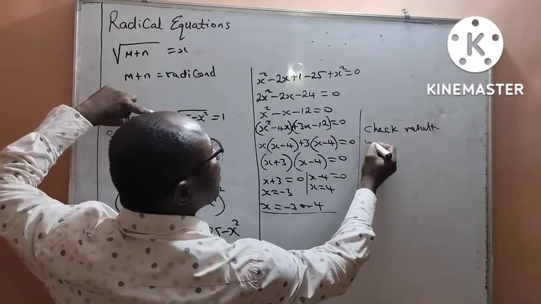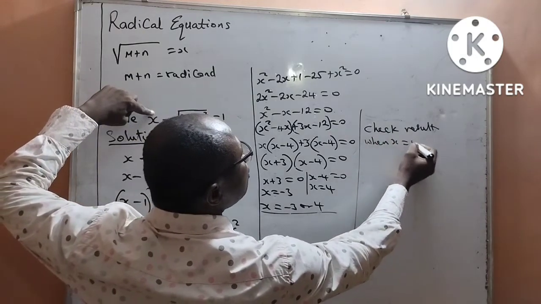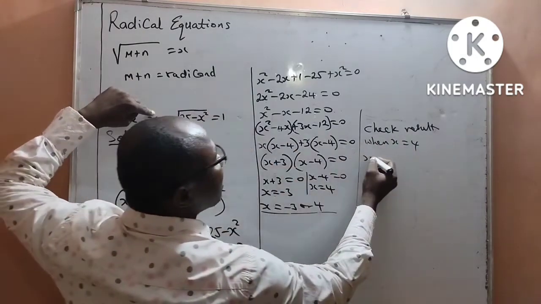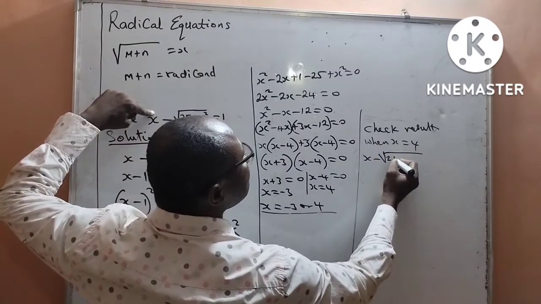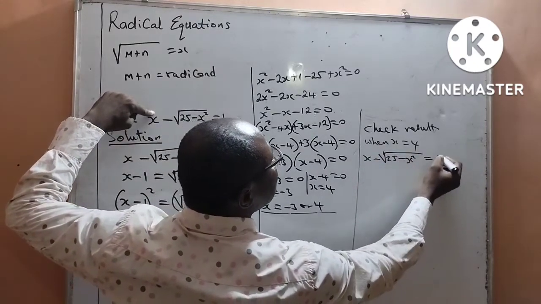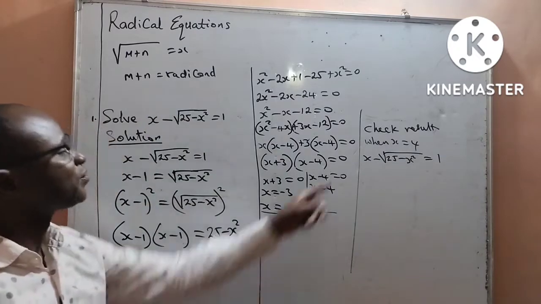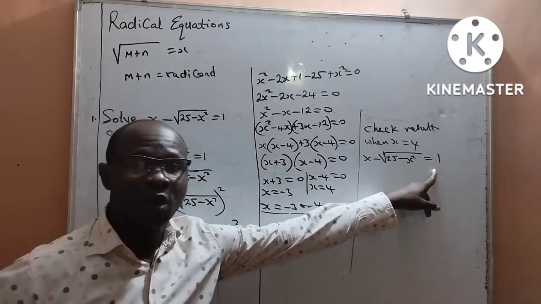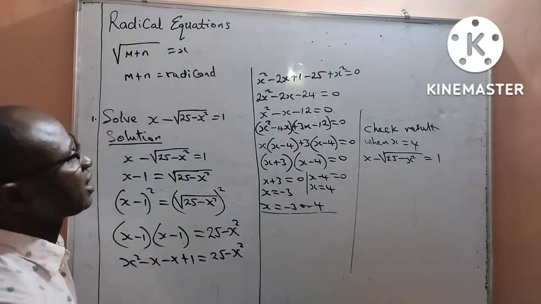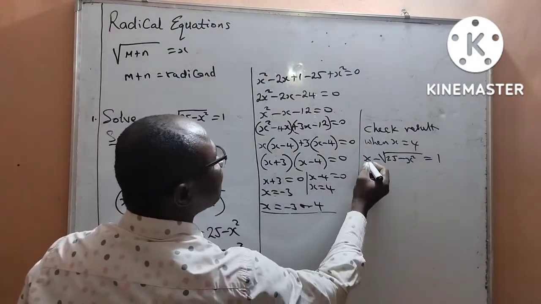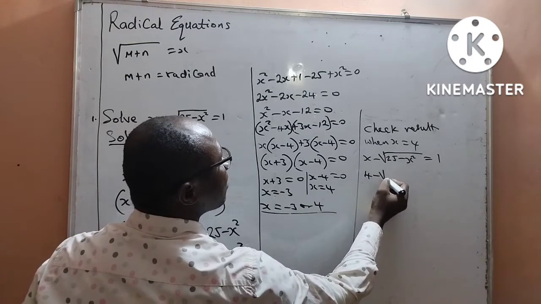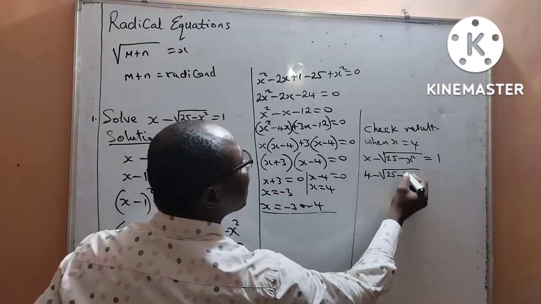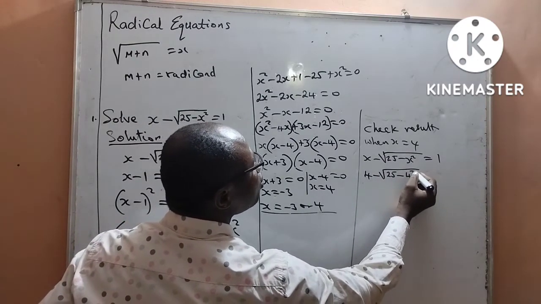When x is equal to 4, I am given x minus the square root of 25 minus x squared equal to 1. If I replace the value of x in this left hand side, and it gives me 1, then my answer is correct. When x is 4, I have 4 minus the square root of 25 minus 4 squared.